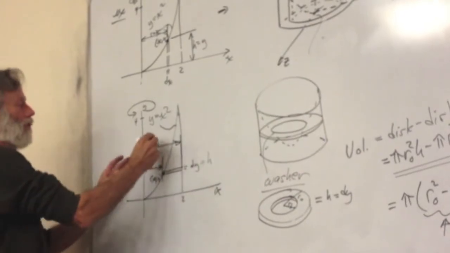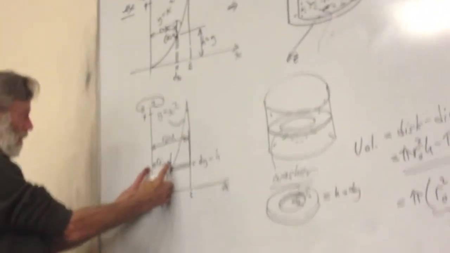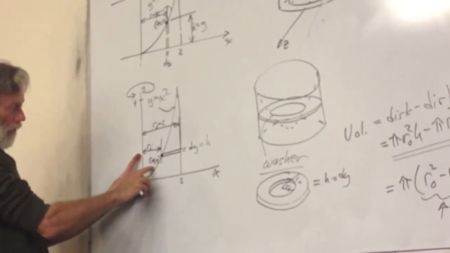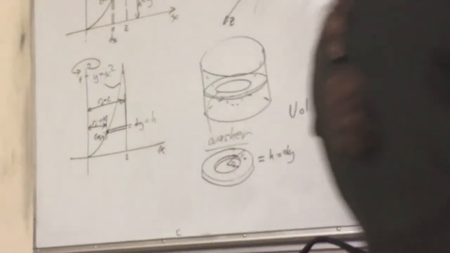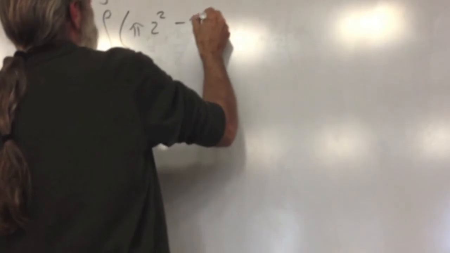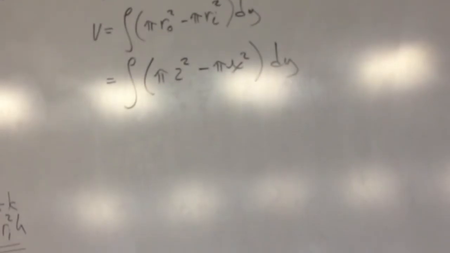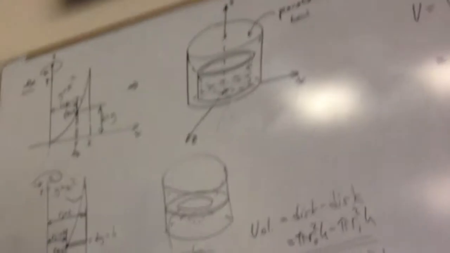For every slice, no matter where it is, it's always bounded up here at 2. So we've got a pi with a 2 squared minus, and then r inner is this dimension here. That's why it's nice to locate a point, and it would be the x coordinate. I'm going to just leave it here as a pi with an x squared, and y here for starters. And yes, that x squared is certainly able to be replaced with the y, so it matches the dy.